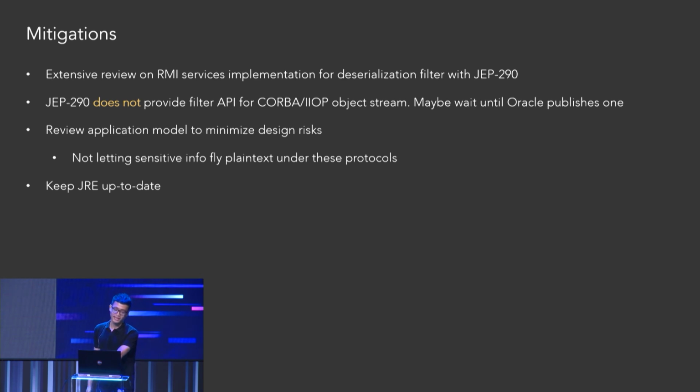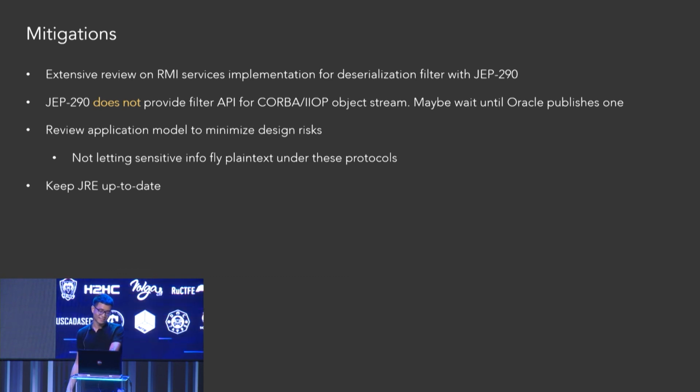A little bit about mitigations, from what I think, because honestly these are all pretty new to the developers' side. You need an extensive review of RMI services, including both CORBA and RMI JRMP, for the serialization filter with JEP 290.